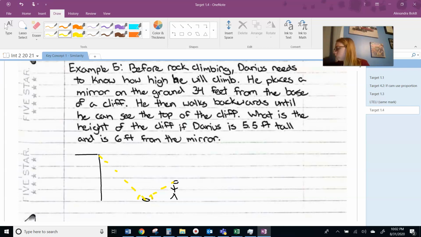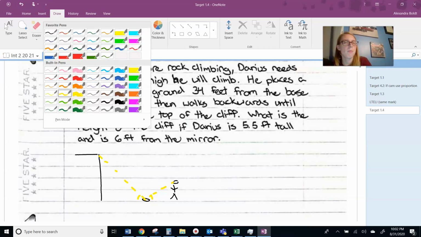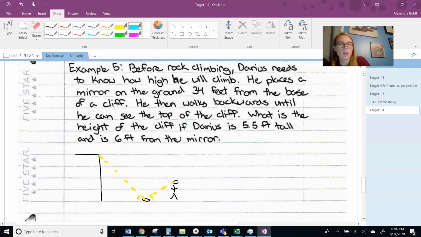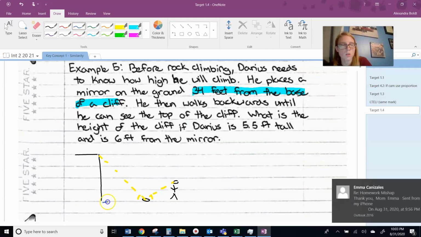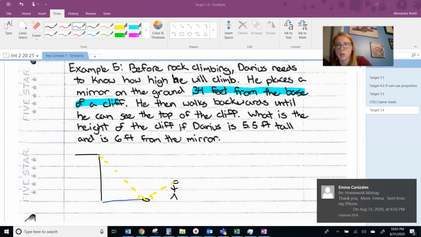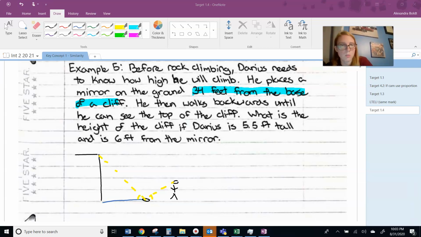So again, I want to put in the information I know. He places a mirror on the ground 34 feet from the base of a cliff. The word base means bottom, right? So this distance right here is going to be 34 feet.